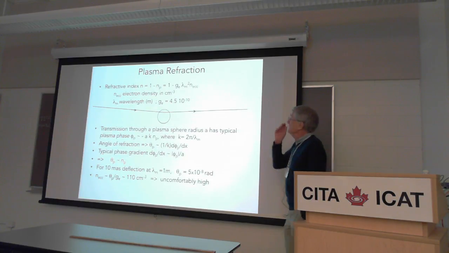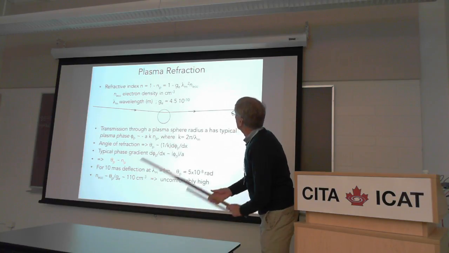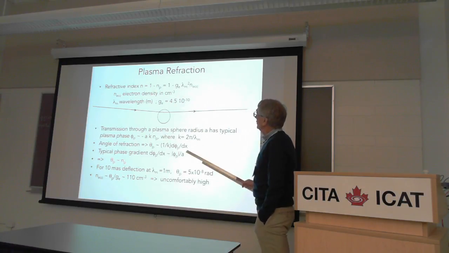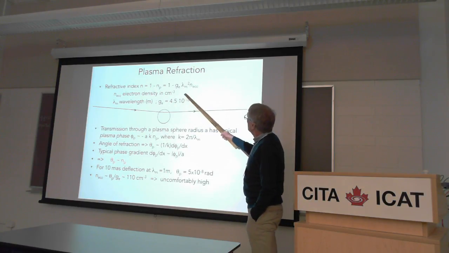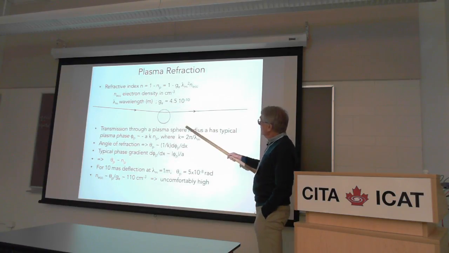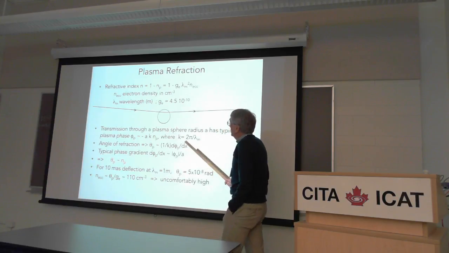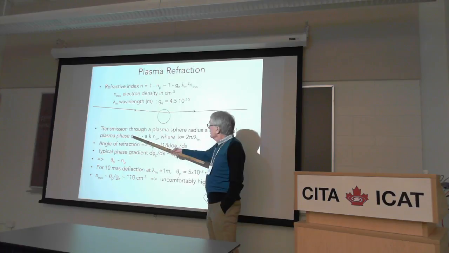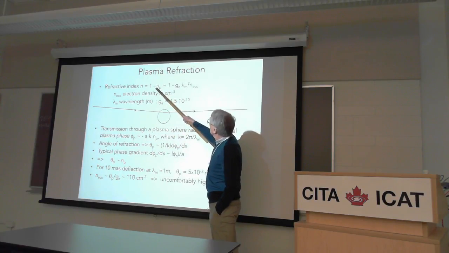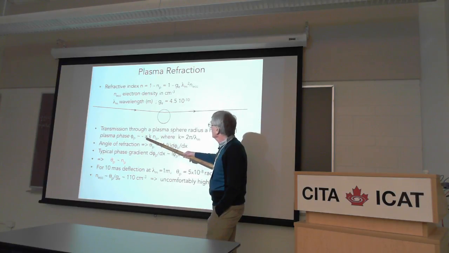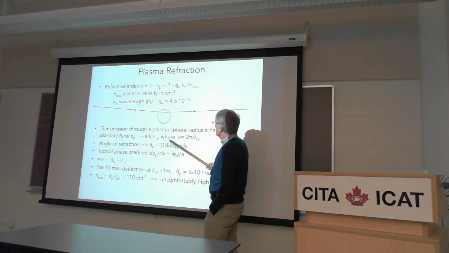Refractive index in a plasma, as you know, is less than 1, and depends on the electron density in particles per cc. And it's got this number in here, 10 to the minus 10. If you take a wave through a sphere, say, with a radius a, and you compute roughly the plasma phase, that's the part due to the N_e, times the radius, that's a typical depth, times 2 pi over lambda.